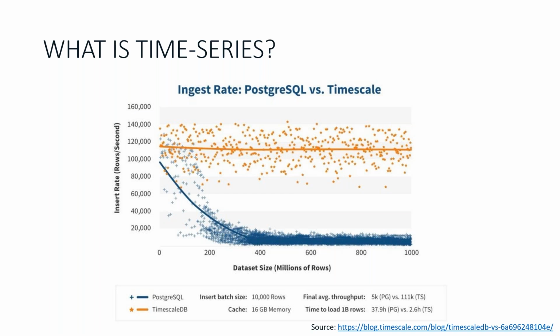We're talking about millions of rows. Once again, all of this is very technical, and it's just a quick example to show you the difference between Timescale, a time series database, and PostgreSQL. Once again, I'll leave you the link for this article.